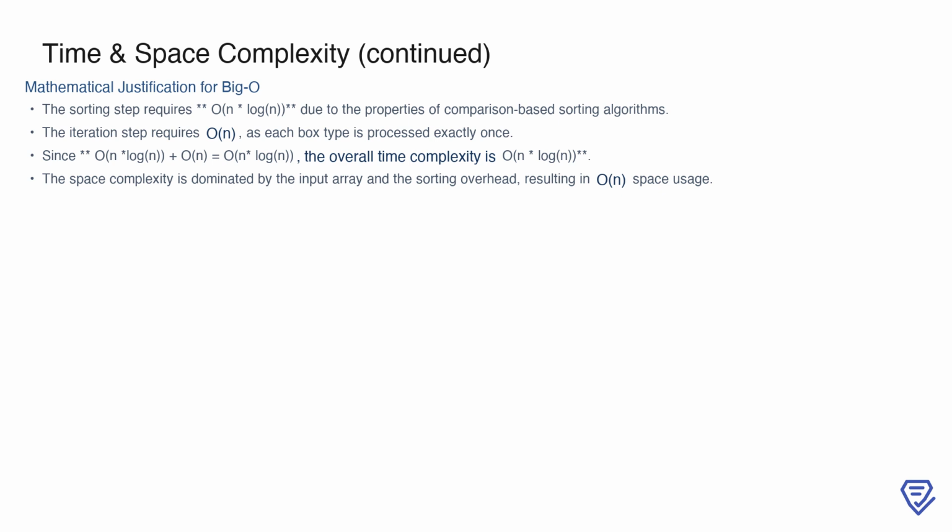Since O(n*log n) grows faster than O(n), it dominates the combined expression, and the overall time complexity simplifies to O(n*log n). For space complexity, the input array and the sorting overhead dominate, resulting in O(n) space usage. This analysis confirms that the solution is both time and space efficient for this problem.